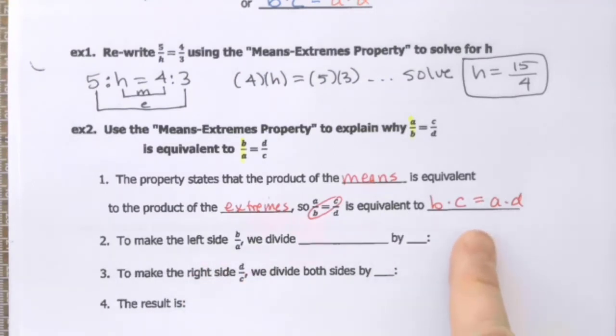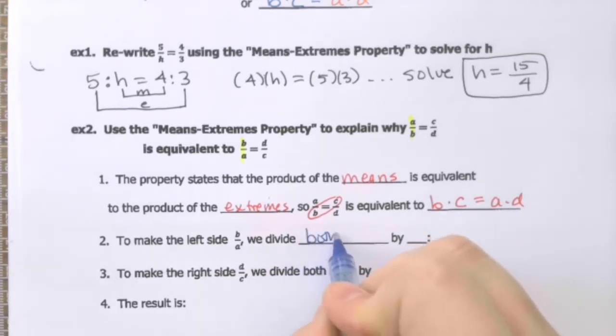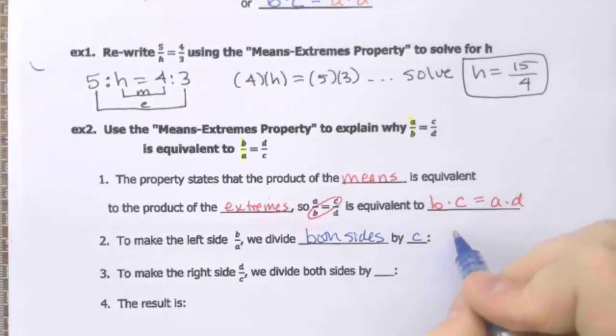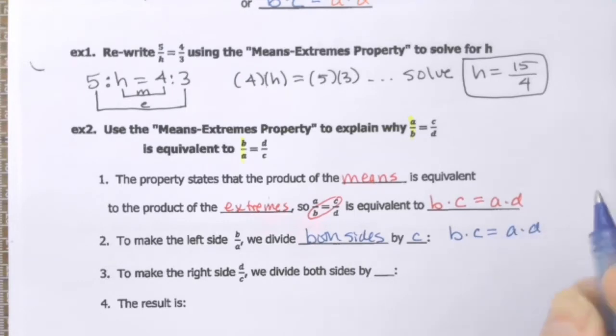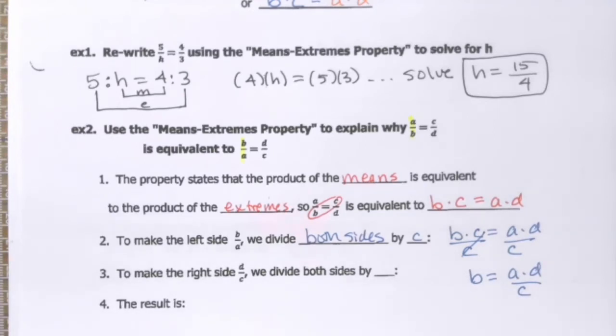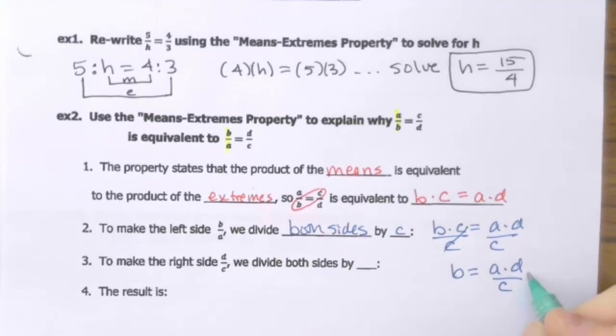To make the left side of this equation look like B over A, we can divide both sides by C. So let me write that. You have B times C equals A times D. If I divide both sides by C, those cancel, and I have B equals A times D over C. So we're trying to make the left side look like B over A. To get the A moved, we use its reciprocal, 1 over A, which causes the A to cancel.